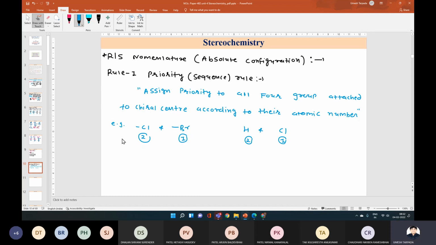Now a sub rule is also there. If two atoms directly attached to the chiral carbon have the same atomic number, that is called isotopes, then you can go for mass number.